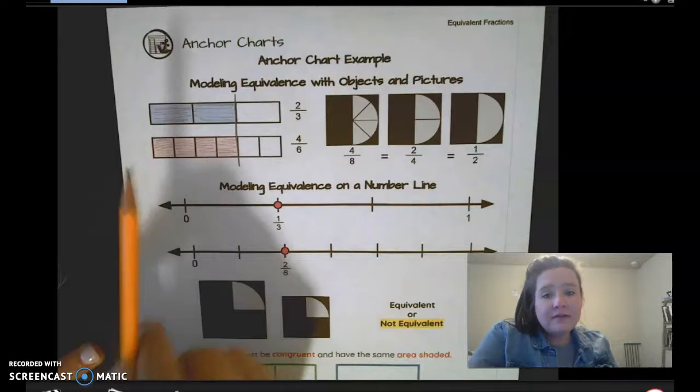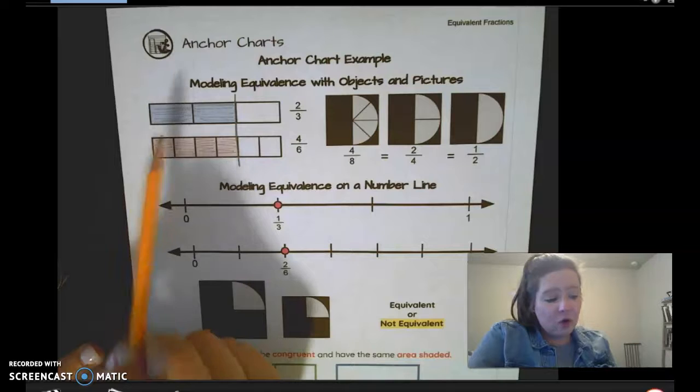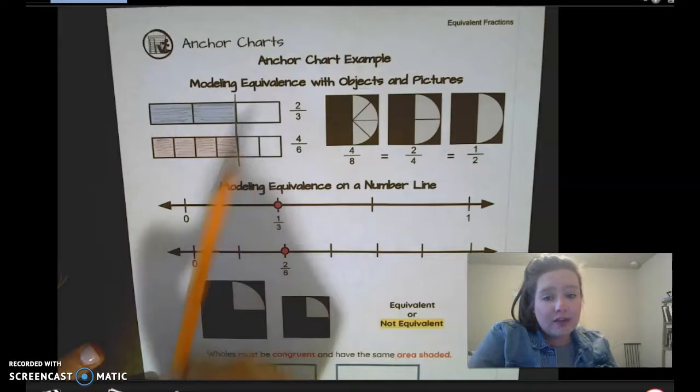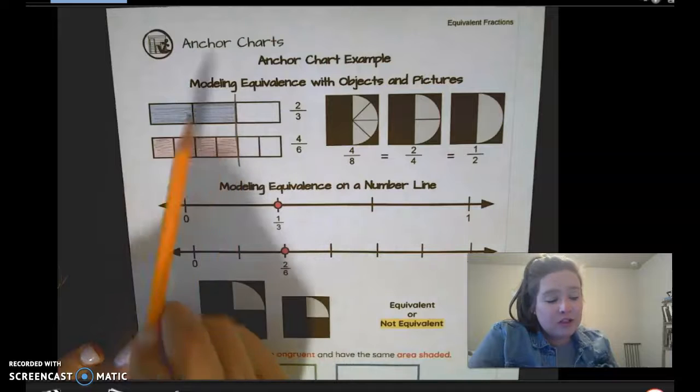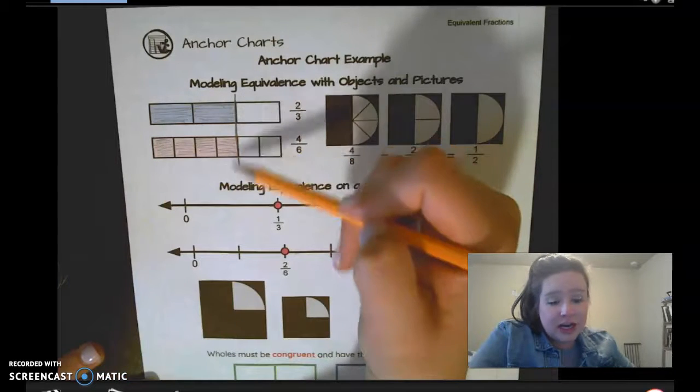Your wholes have to be equivalent, not the size of your pieces, the size of your wholes. So both of these fraction strips are the same size, so that makes this equivalent. The same amount is being shaded, okay?